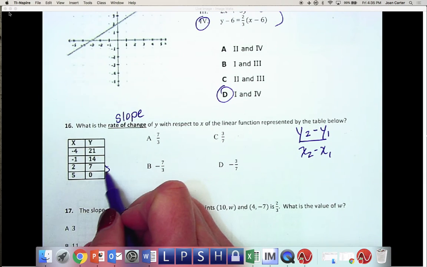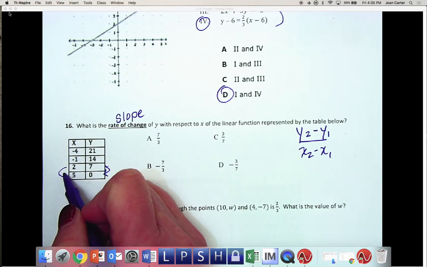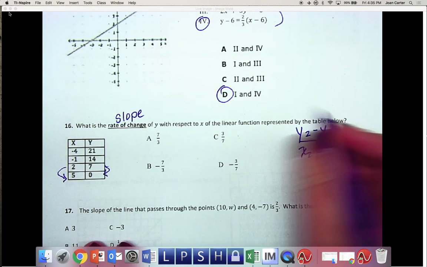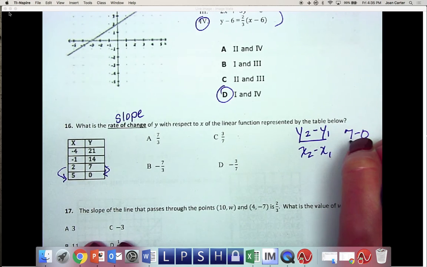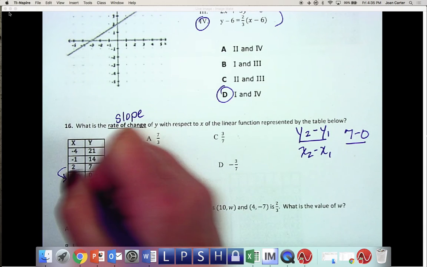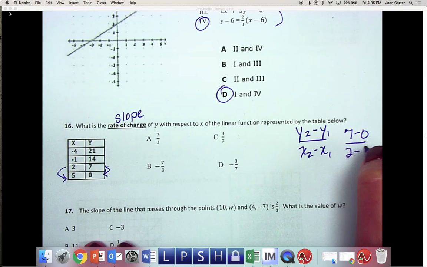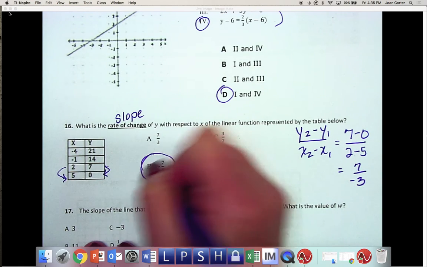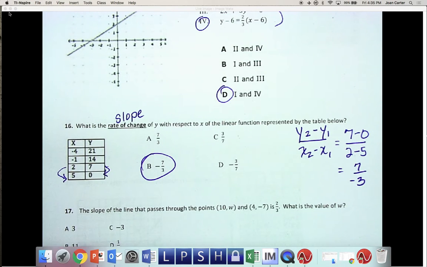I'm going to choose the coordinates that contain 0 because that's going to make my life easier. So I've got 7 minus 0 for y's over 2 minus 5. 7 minus 0 is 7. 2 minus 5 is negative 3. So my answer is B.